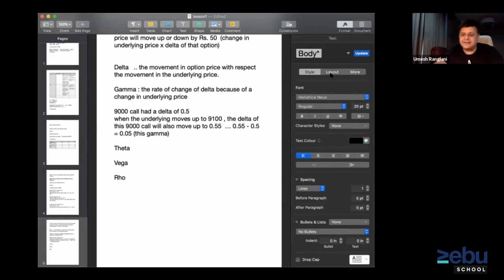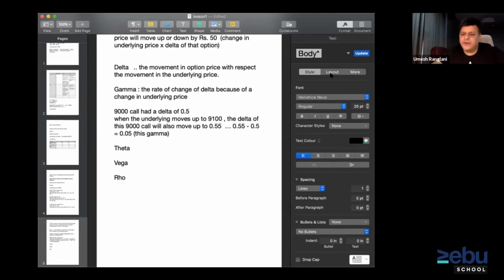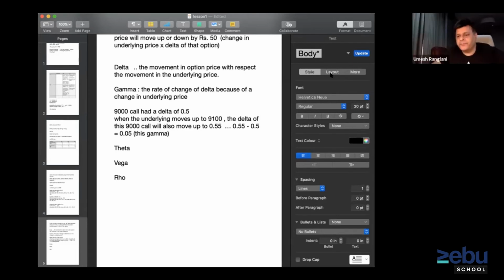So as time to expiry decreases, the option prices keep dropping. Every single day that the days to expiry drop, the option price drops by a certain number. That number is theta.